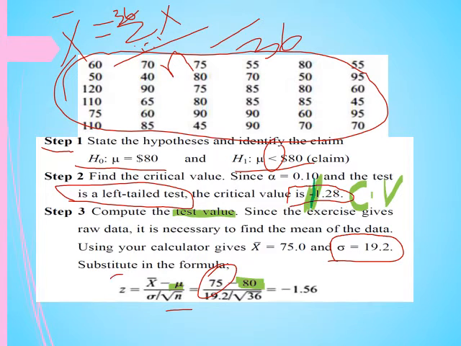So we substitute in the z formula: in the numerator the difference between 75 and 80, and in the denominator sigma over root n, and the value is equal to minus 1.56.